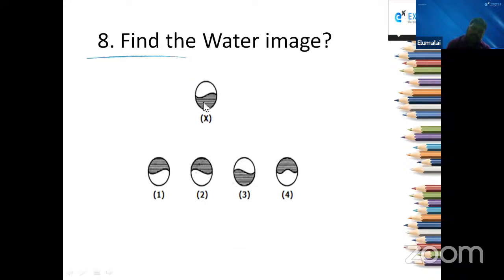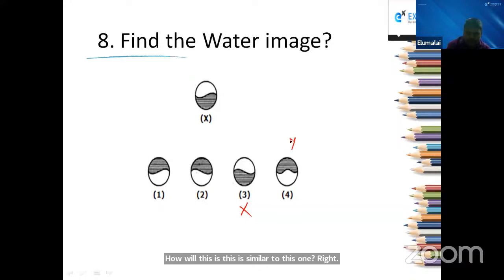See, if you see the inverted of this one, it will be similar to this one, right? However, this is similar to this one, right? This shape is not similar to this one. So either one or two can be the correct possibility, right? It is one or two, right? If it is inverted, then it will be like this. So two is the correct answer, one is not the correct one. I hope you can understand this.